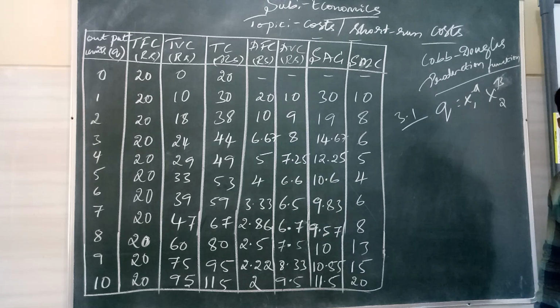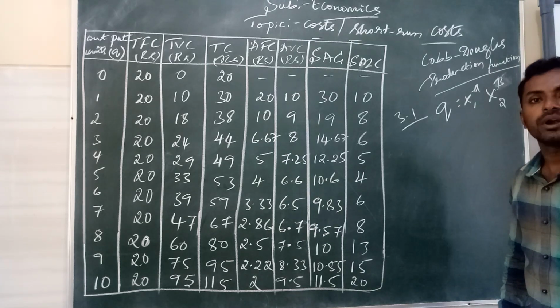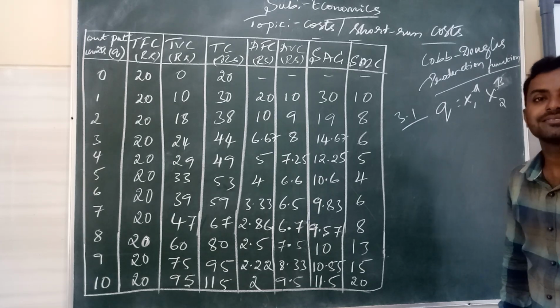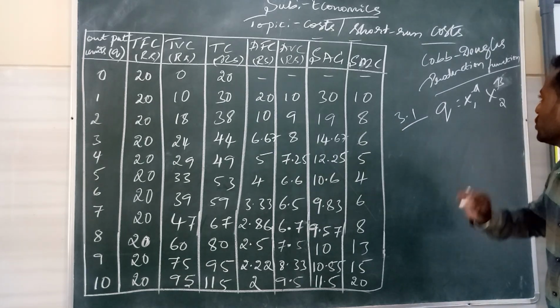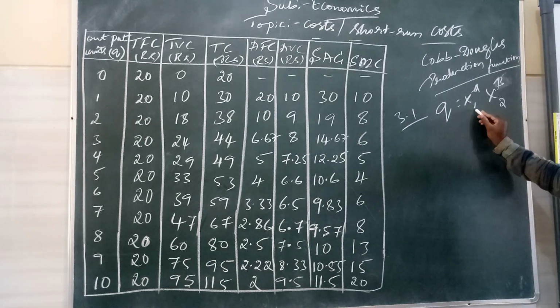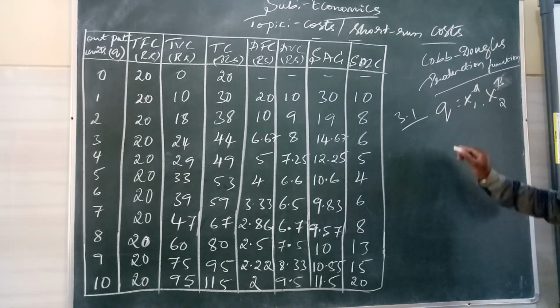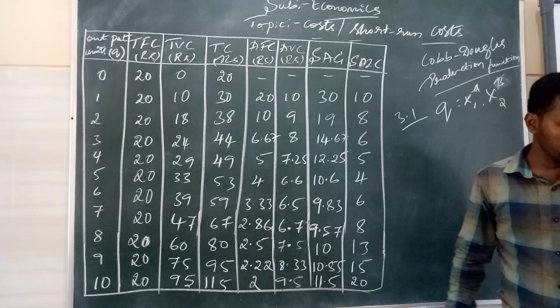They will ask a multiple choice question: what is the formula for the Cobb-Douglas production function? See, Q is equal to x1 to the power alpha times x2 to the power beta. This is the Cobb-Douglas production function.